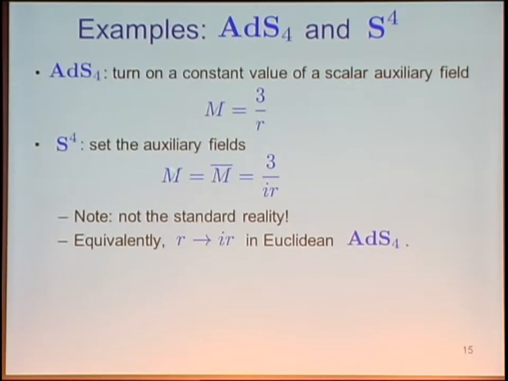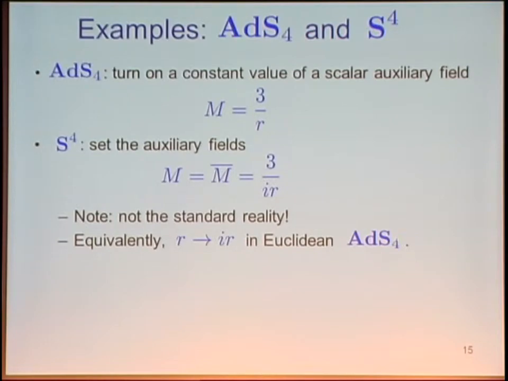So if we just substitute M equals M bar equals 3 over ir, so you see this is M equals M bar, so it looks like M is real, but I think of M bar as being an independent field. This thing solves all our equations if the metric is S4, the metric of S4. So note that this is not the standard reality, because M bar is not the complex conjugate of M, and soon this will be important.